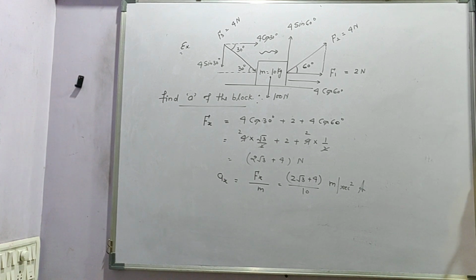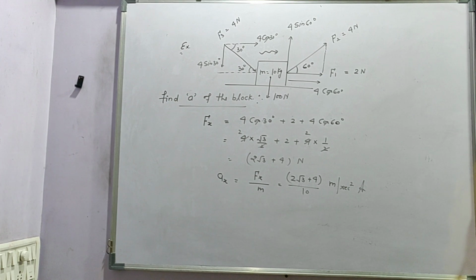So just take the components of F2 and F3 along the x-axis as well as the y-axis, and find the net force acting on that body along the x-axis, that is F cos 30 plus 2 plus 4 cos 60.